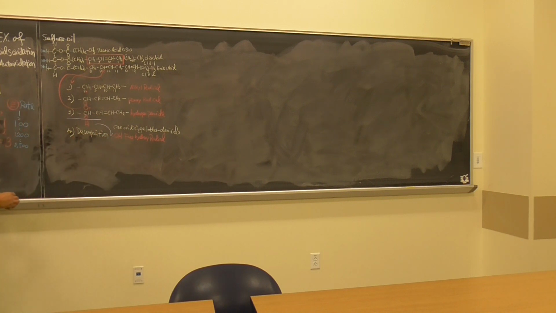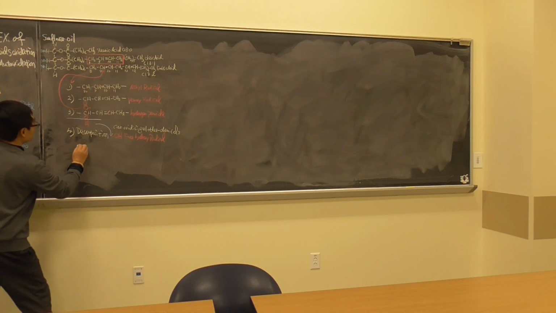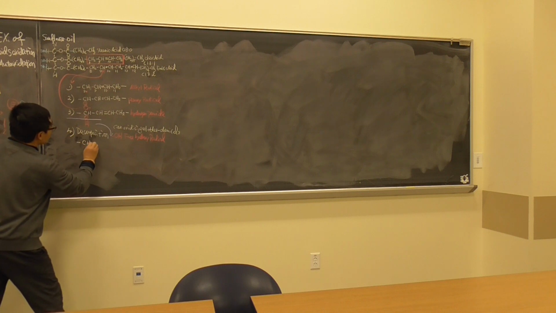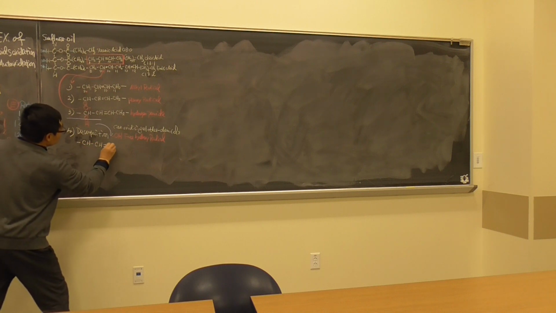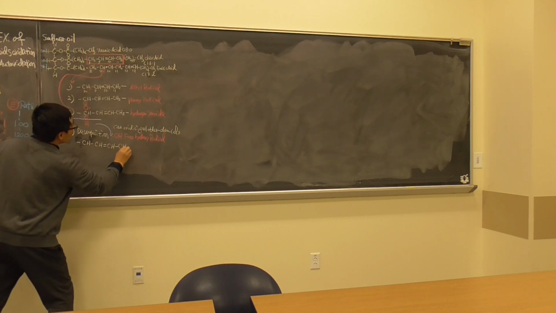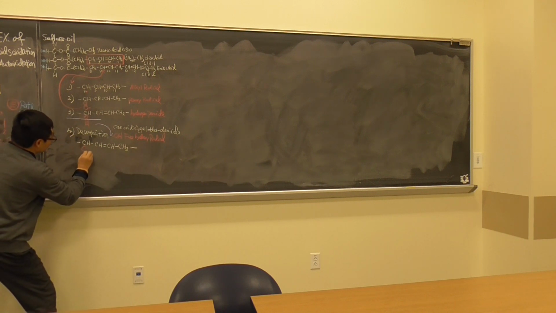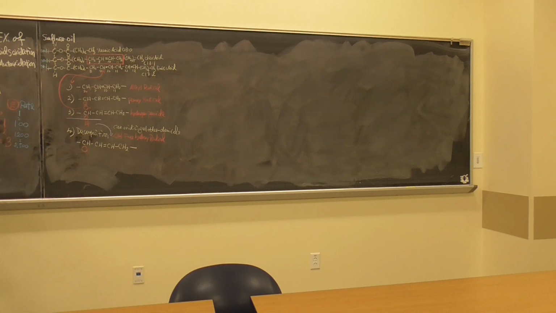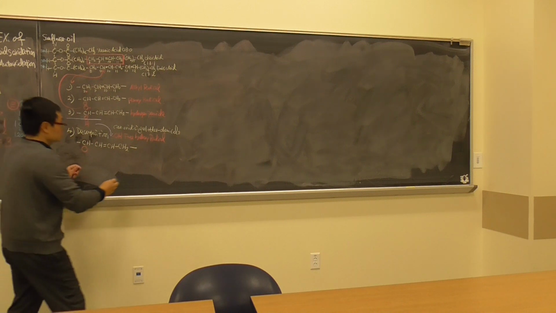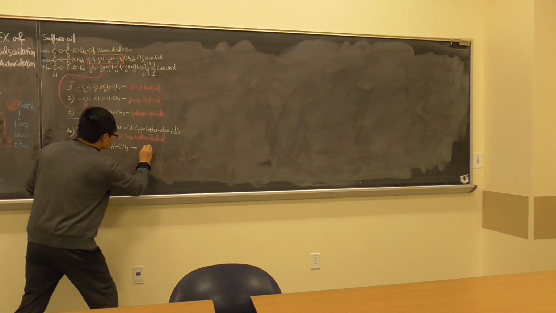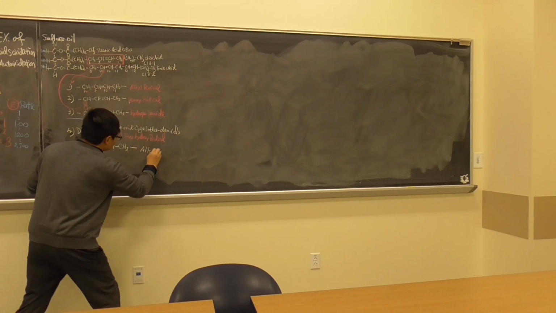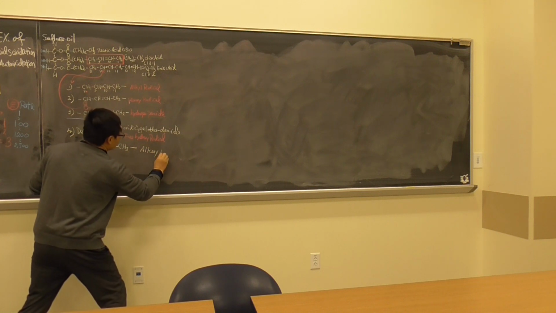Now what does it become at this stage? At this stage, it becomes CH double bond CH2, and don't forget, you have O here. What is this called? This is called alkoxy radical.